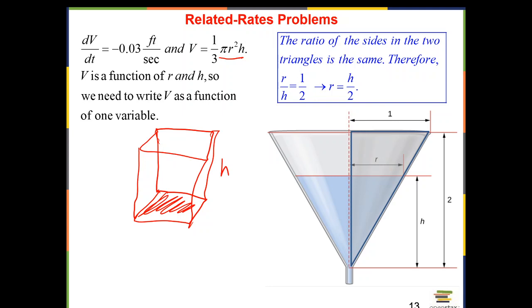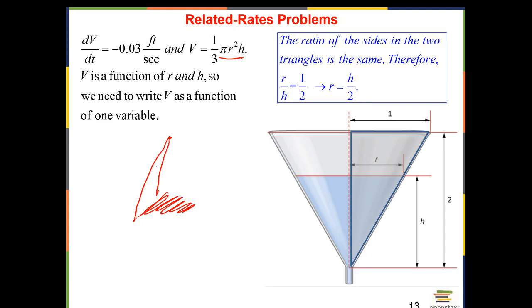Now instead of that rectangle, if I just put a dot and then connect these, it would be a pyramid with a rectangular base, right? And the volume of that would be 1/3 of that prism I just erased. So that's the idea. So the volume is 1/3 pi r squared h at any given h and r.